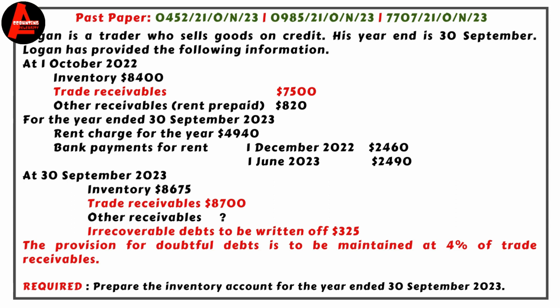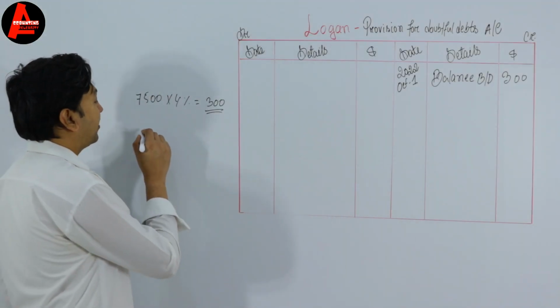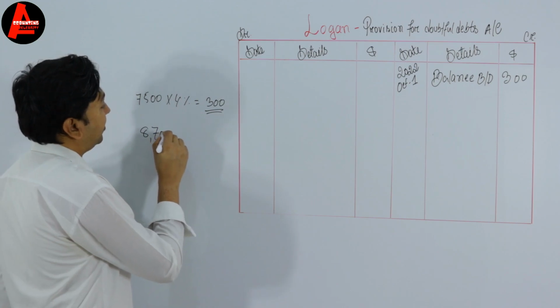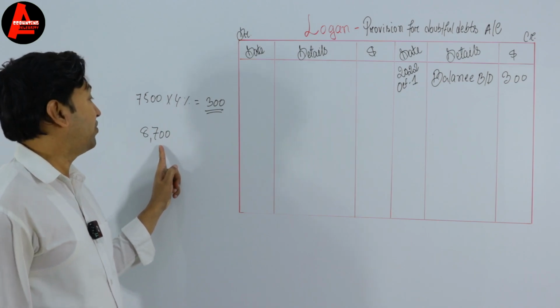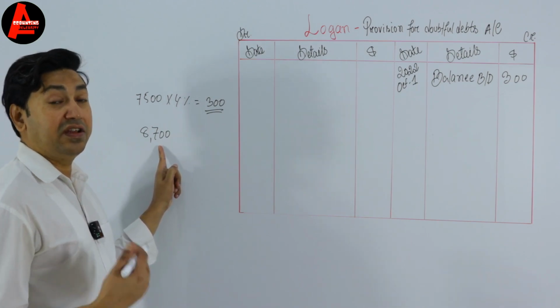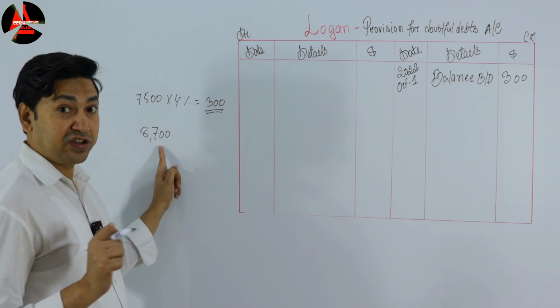Now we have one more balance of trade receivables in the question. At 30 September 2023, the end of the financial period, trade receivables are $8,700, and we have irrecoverable debts to be written off $325. From the $8,700, the 325 cannot be recovered. It is irrecoverable debts, so this must be written off, as mentioned in the question.